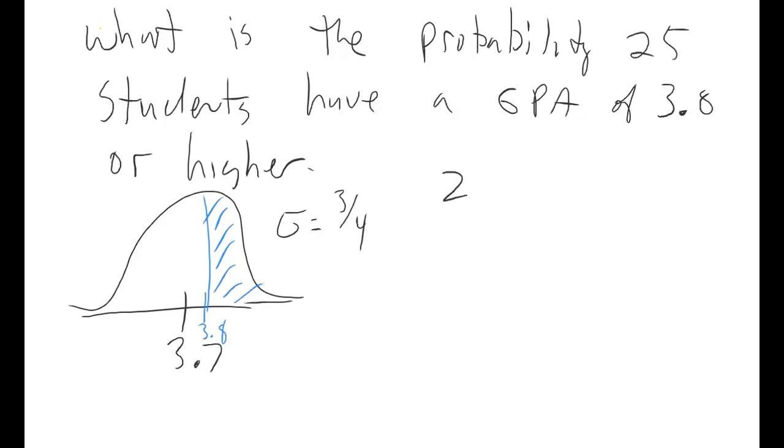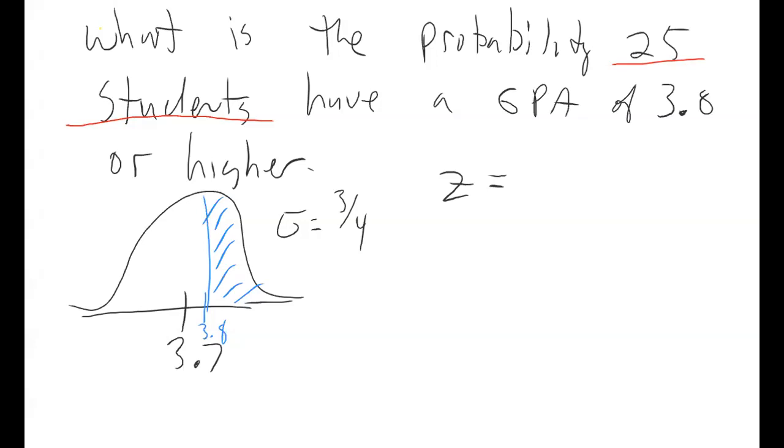Now we have to find our z-score, right? But we have to do what first? What type of problem is this? So it's a central limit theorem problem. Why? Because we have picked 25 students. However, we have a small issue here.